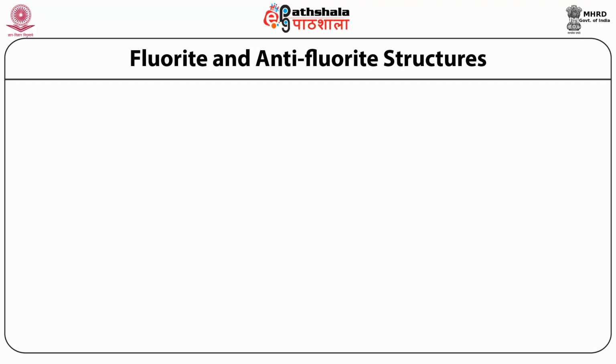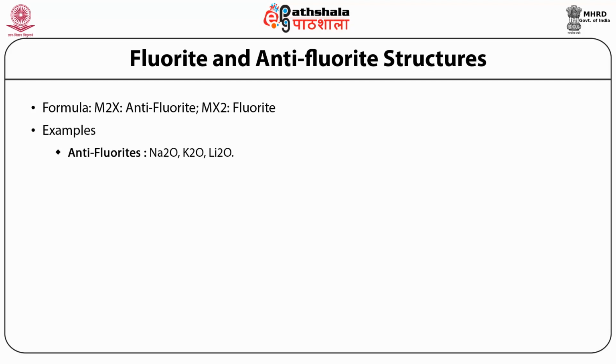Antifluorite and fluorite structures. The formula for antifluorite structure is M2X, whereas for fluorites the formula is MX2. Some of the examples of antifluorites are Na2O, K2O, Li2O, and so on, whereas some of the examples for fluorites are CaF2, ZrO2, CeO2, and so on.